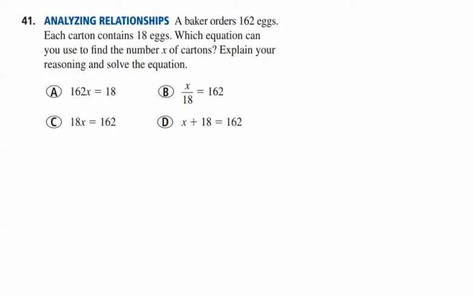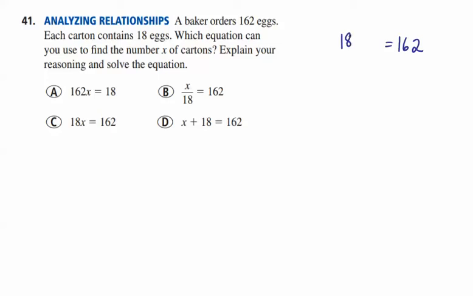So let's think about what we have here. A baker orders 162 eggs and each carton contains 18 eggs. So what we could say then is that we know that the final result, the number of eggs that we have, is 162. And we know that there are 18 eggs in each carton.